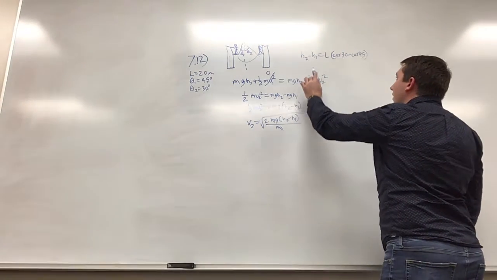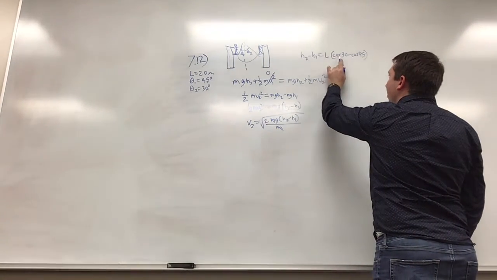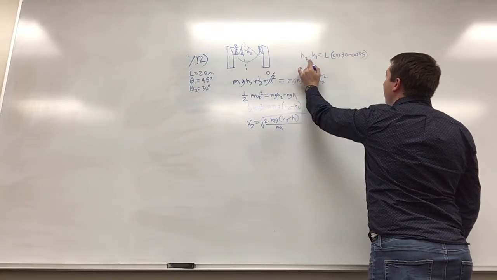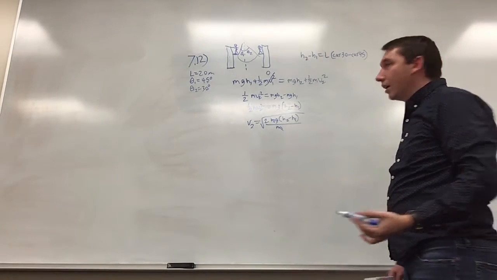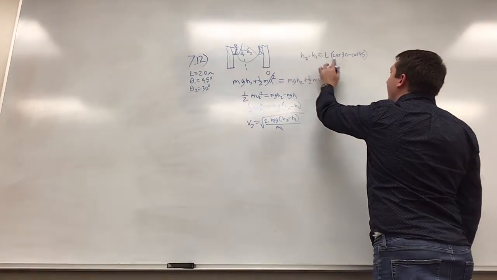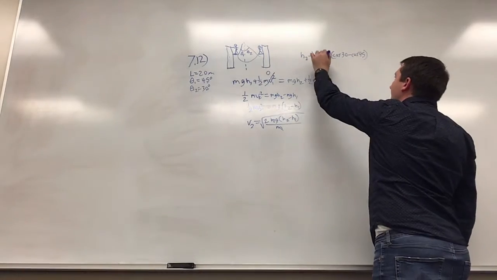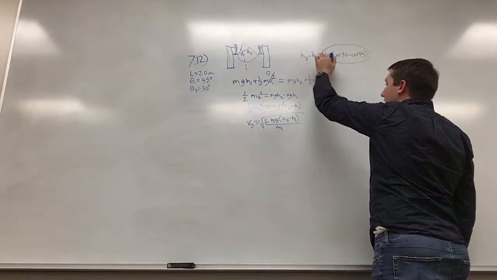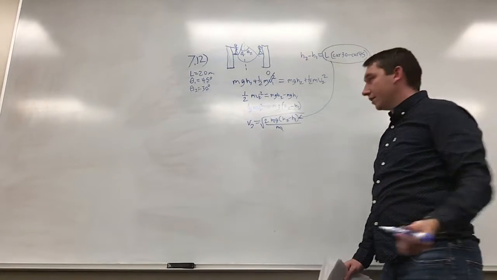Length times cosine of 30 will give us height 2. Length times cosine of 45 will give us height 1. And so it has to be cosine 30 minus cosine 45. We can then take all of this and substitute it down in here.